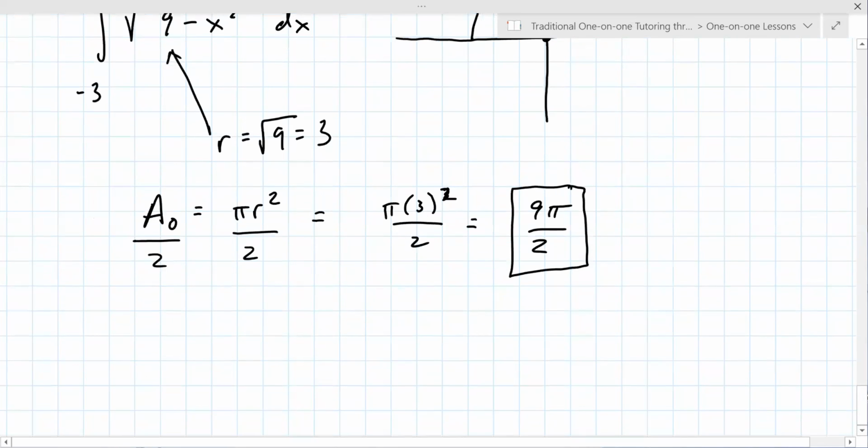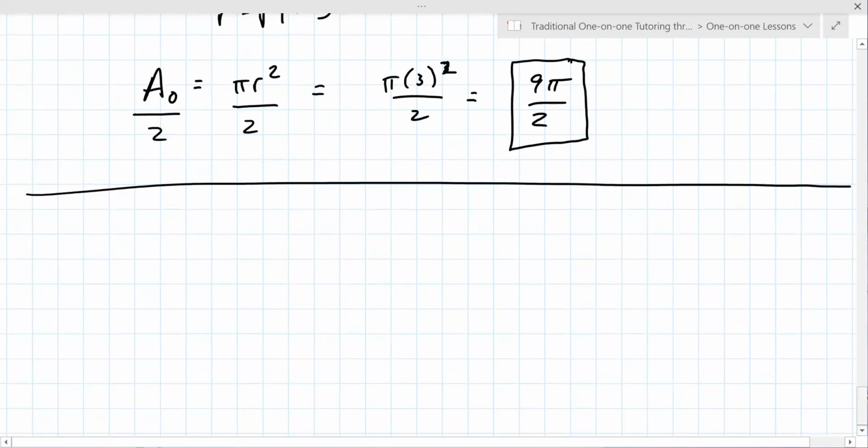Okay, so now let me give you one to try on your own. Let's have you find the integral from 0 to 4 of the square root of 16 minus x squared dx.